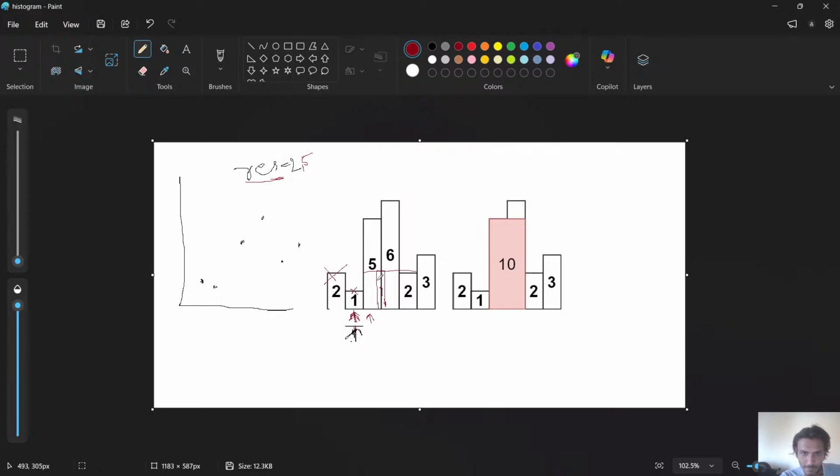Monotonic, ascending order, descending order. If we have 1 and it's smaller, we pop it. 5, we have 2, so we pop this one. 5. Then we have 6. Two, that is only 6.